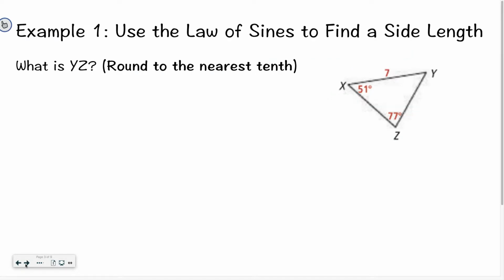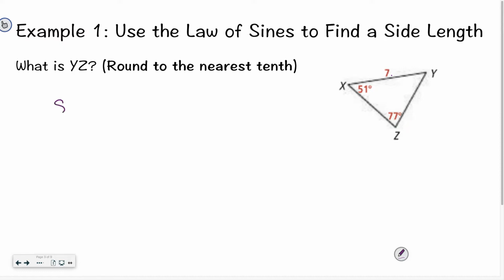So example 1, use the law of sines to find a side length. What is YZ? We want to round to the nearest tenth. First, I recommend you find the side and angle that you have both the matching angle and side for. Here I have a 77 and I have a side. So I'm going to start by setting up my proportion with that.